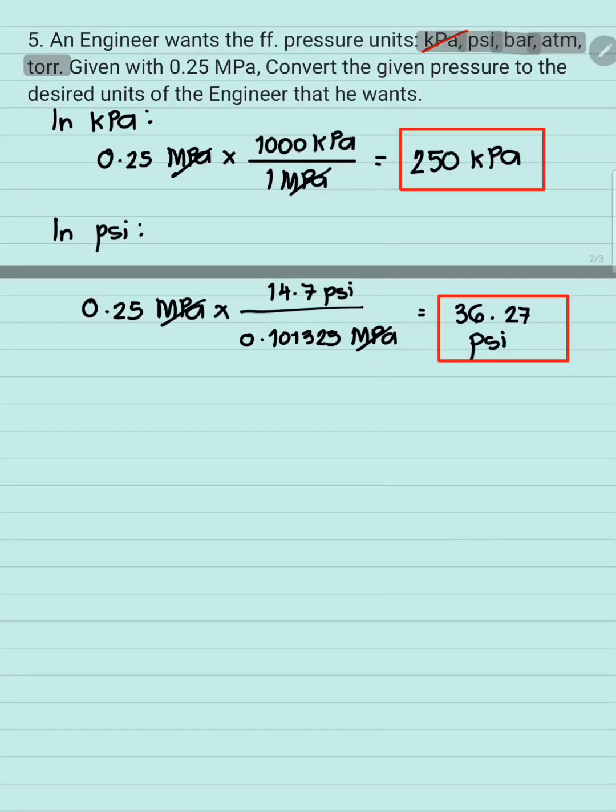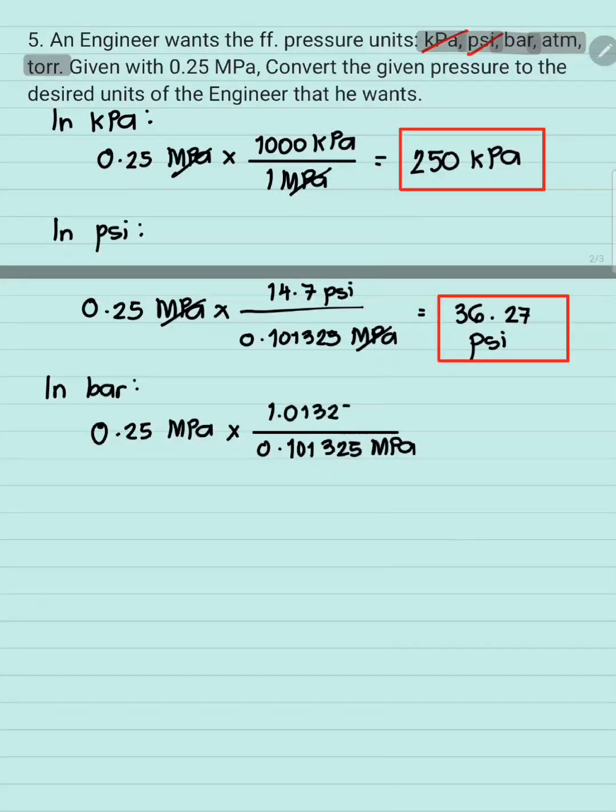That is our answer for psi. Next, for bar. We have 0.25 megapascal. For every 0.101325 megapascal, we have 1.01325 bar.